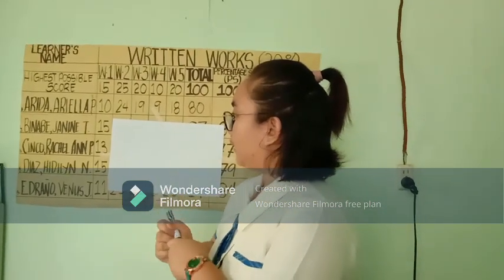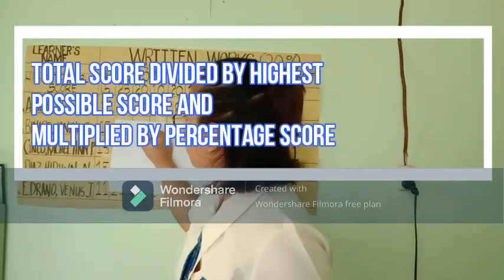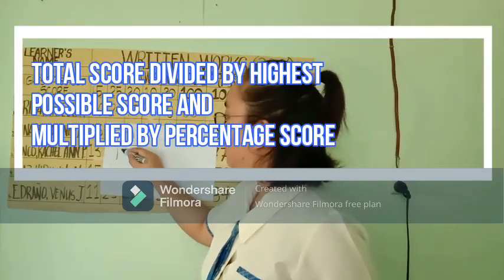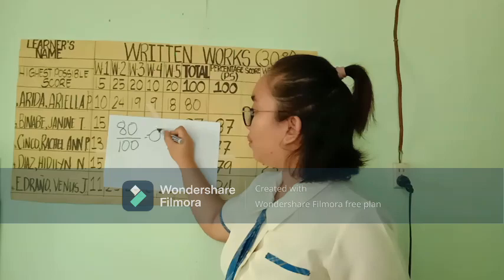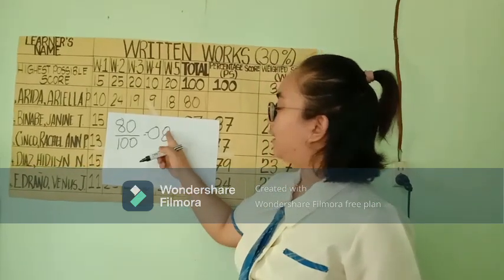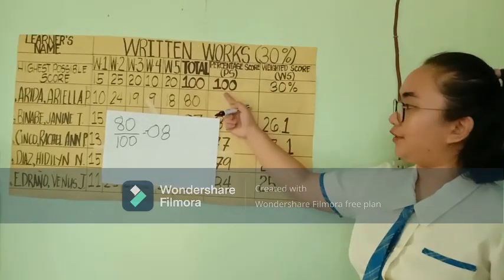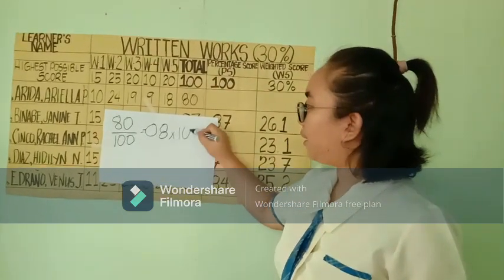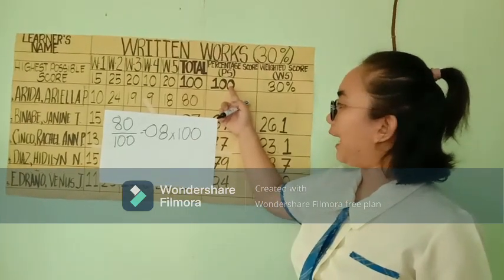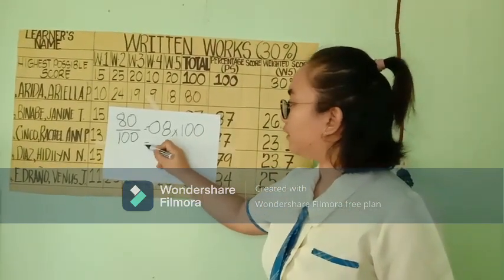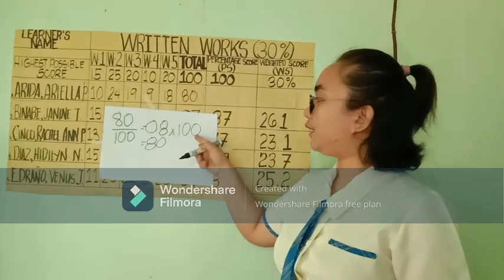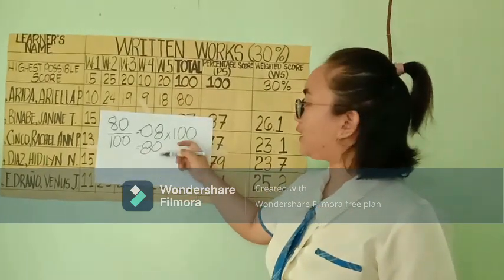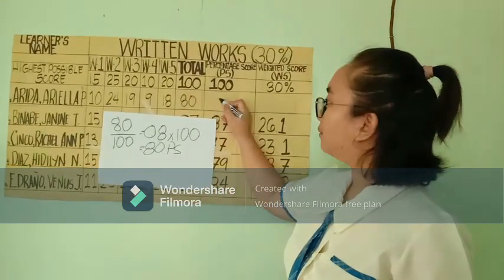We have the total score of 80 divided by 100, and that will give you 0.8, and it will be multiplied by 100, and that will give you 80, because 0.8 multiplied by 100 is 80. So that is your percentage score.